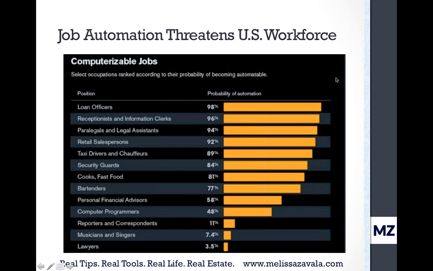If you look at this chart here, you can see that for loan officers, there is a 98% probability that their job's going to be automated in the near future. And while this list doesn't have it, the real estate professional, according to this report, had an 86% probability that their job's going to be automated. So your challenge when you go onto the internet, where all the automation is going to take place, is to still be real and important so that you aren't one of the 86% that is going to get beat by the computer.